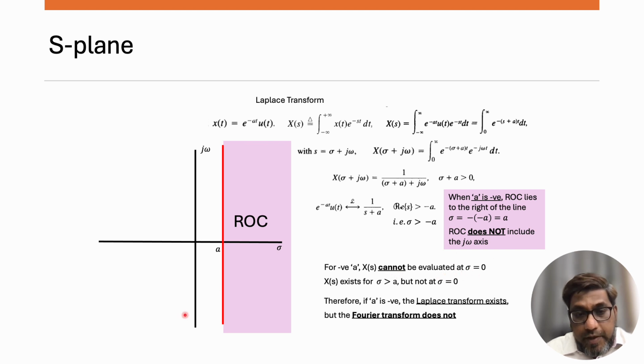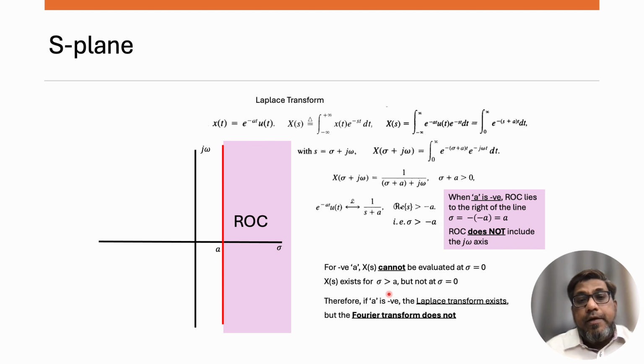That means we cannot evaluate the Laplace transform along the j omega axis. So for this particular case, when a is negative, the signal x of t has a Laplace transform, but since the region of convergence does not include the j omega axis, the Fourier transform for this signal does not exist. That is when a is negative.